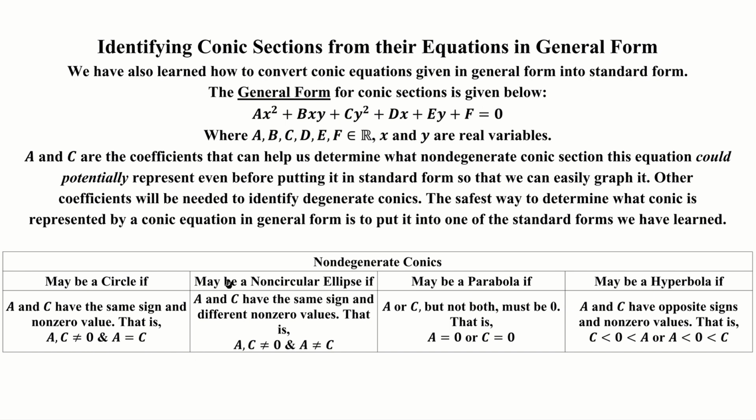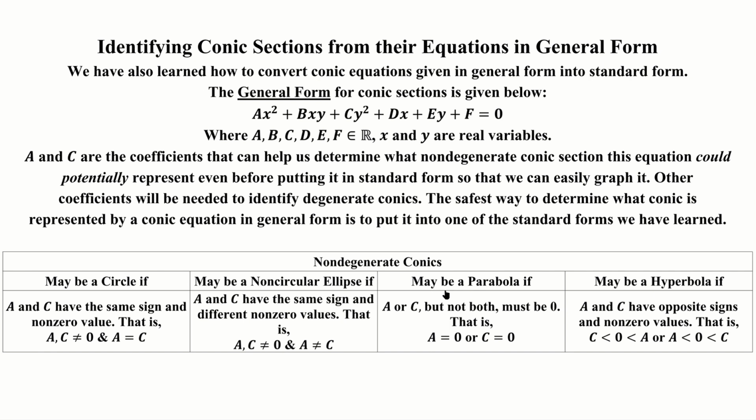Now the equation may represent a non-circular ellipse if a and c have the same sign and different non-zero values. Because if they have the same non-zero values, then the equation would be representing a circle. So we want them to be different non-zero values. So a and c are not 0 and not equal.